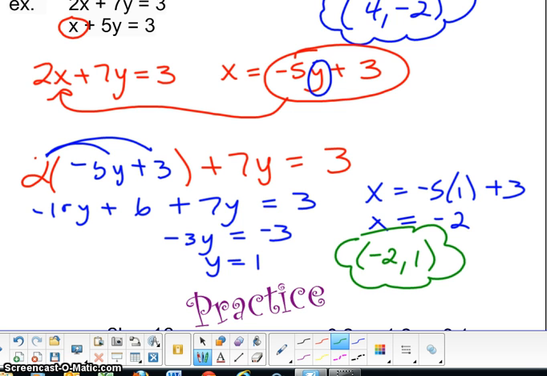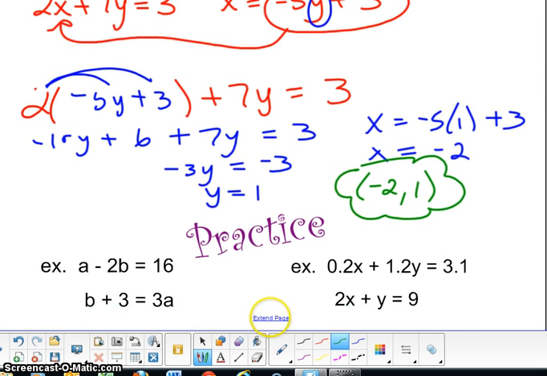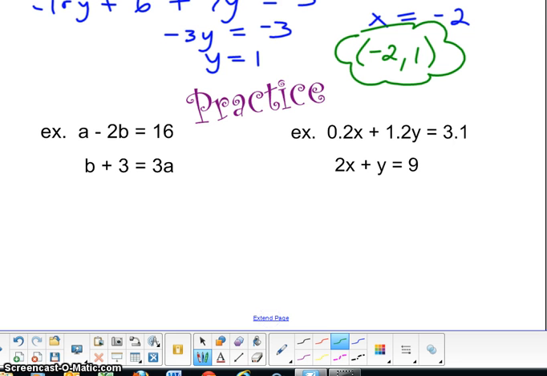Okay, so for class tomorrow, I have 2 more for you to do. I do want to tell you that A's and B's are going to be the exact same things as X and Y's. I'll put them in alphabetical order. So if you'd like, you can go ahead and substitute in X and Y for A and B if that makes it easier for you.